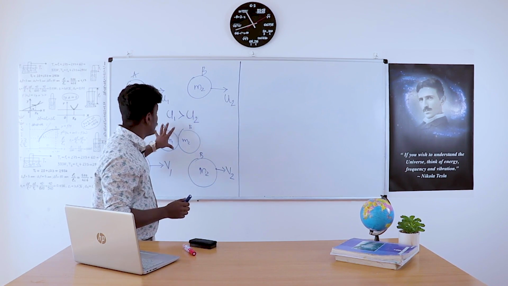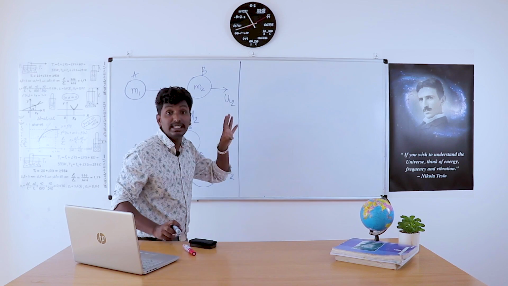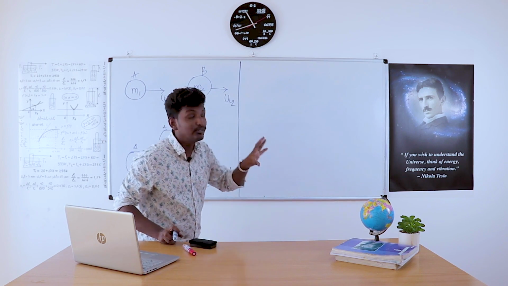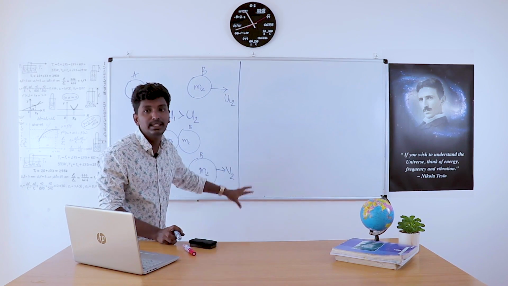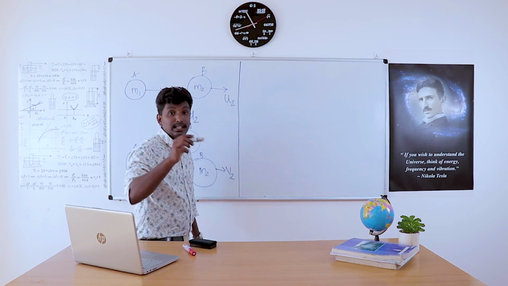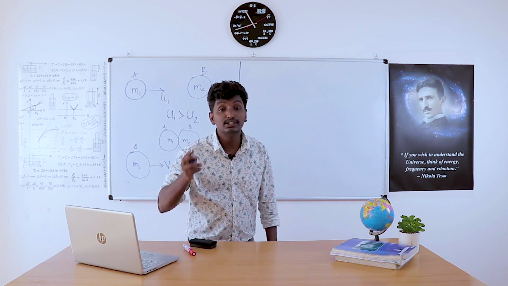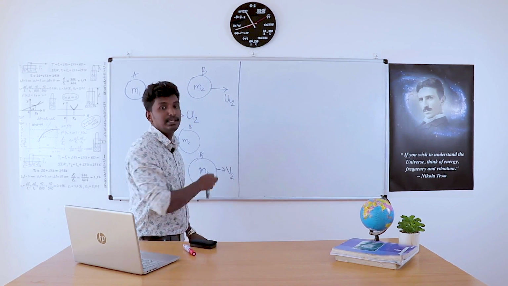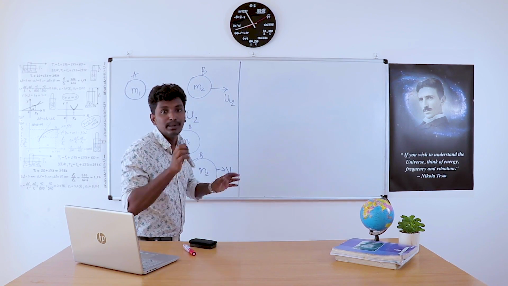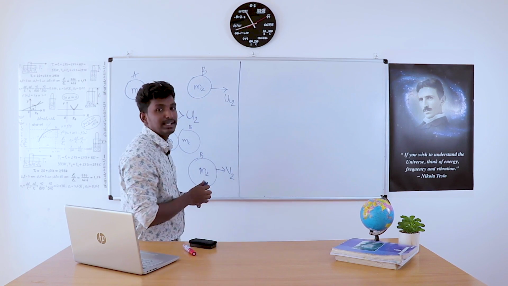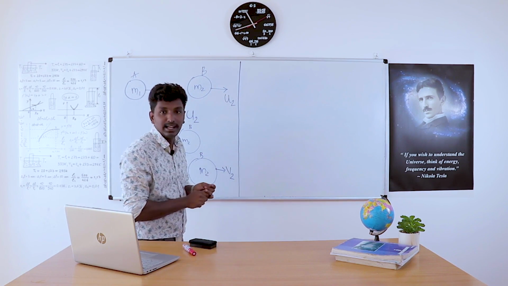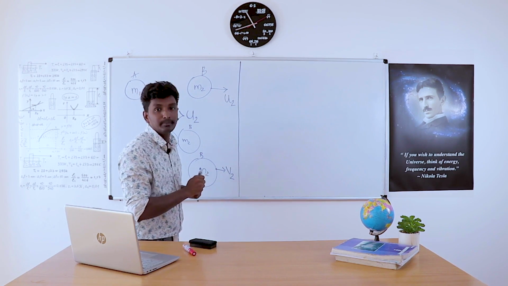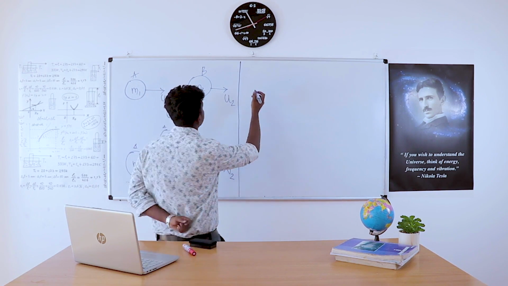Then the rate of change of momentum of A is the force which A applied to B. Similarly, the rate of change of momentum of B is the force applied by B on A. So basically, we need to find the rate of change of momentum of A and of B. Just starting the derivation.